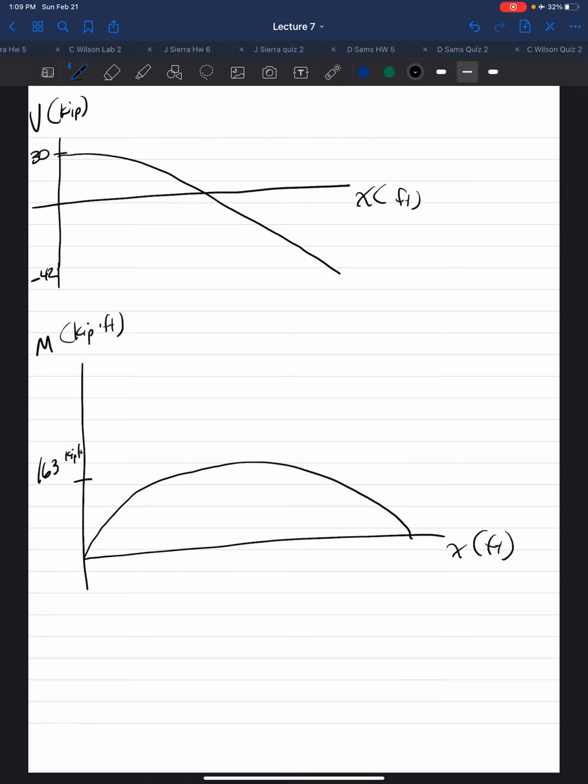And your maximum moment occurs when V equals 0.